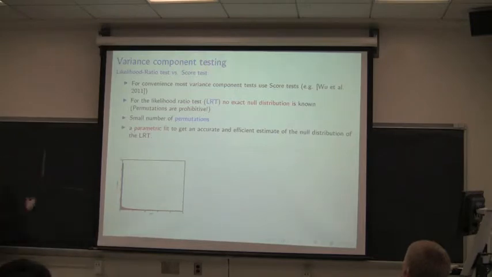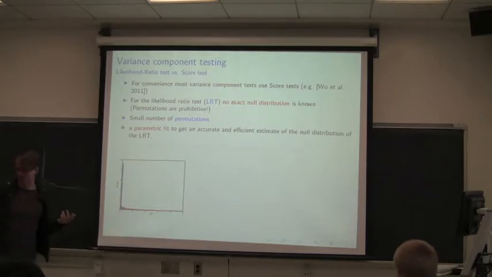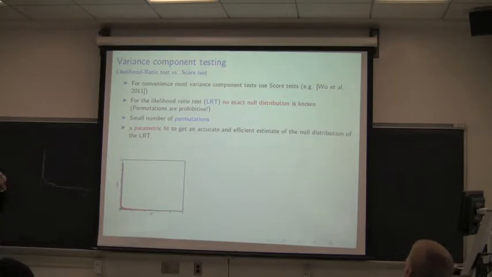The problem is that if we do very few permutations, we probably have one observation here, and the further we get to this part, the more observations we have. But we're not interested in this part. What you can do is take your few permutation results, and once you have enough to reliably fit a simple function, use that simple function to extrapolate in the tail. So it's basically a regression problem.